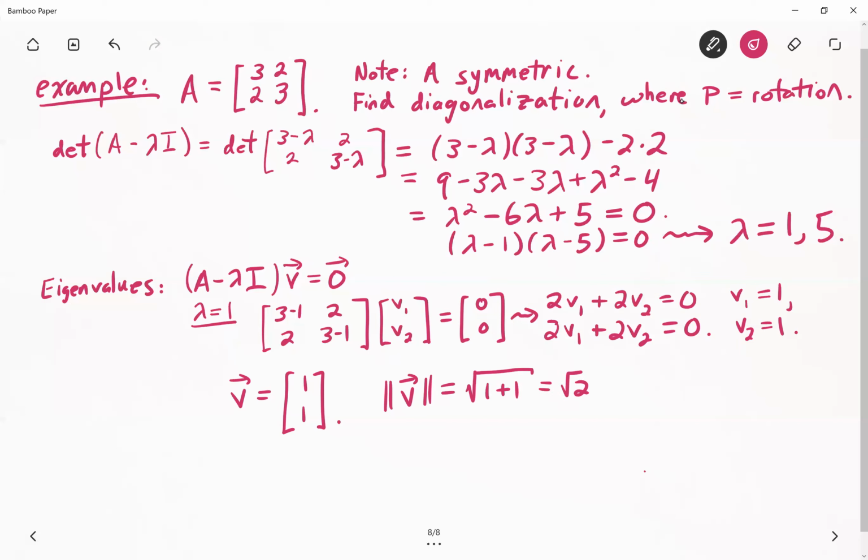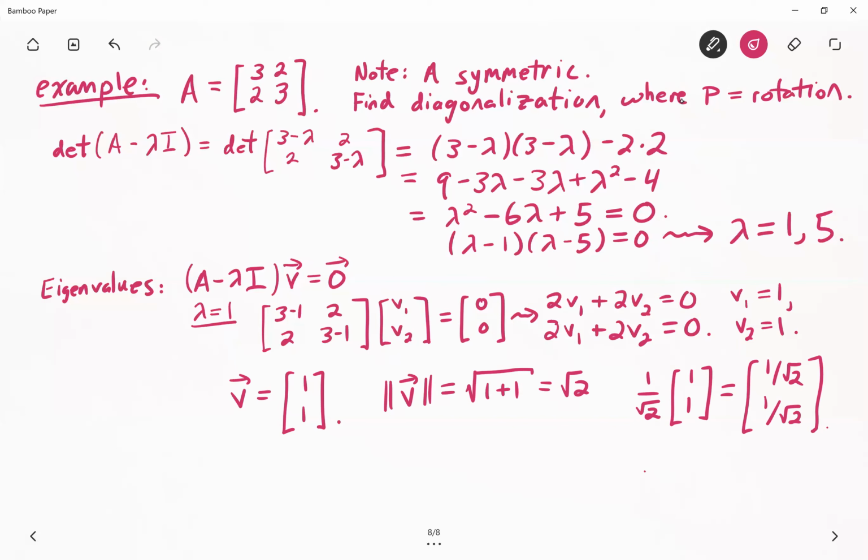So our original vector is a little longer than a unit vector. I'm going to divide out by its length. And so the eigenvector I would actually like to use here is 1 over rad 2, 1 over rad 2. And that's going to be the first column of our matrix P.